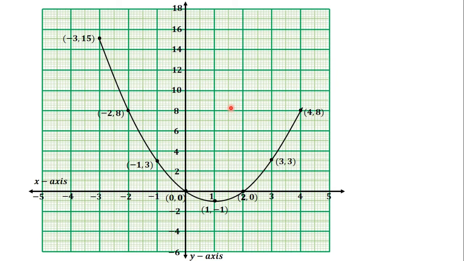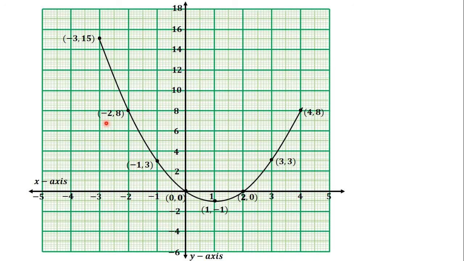Now let's look at something here. From this point to this point, the x-coordinate here is minus 3 and the x-coordinate here is minus 2. So there is an increase from minus 3 to minus 2. The x-coordinate here is minus 2 and the x-coordinate here is minus 1.